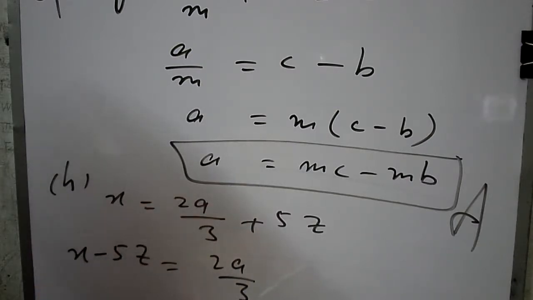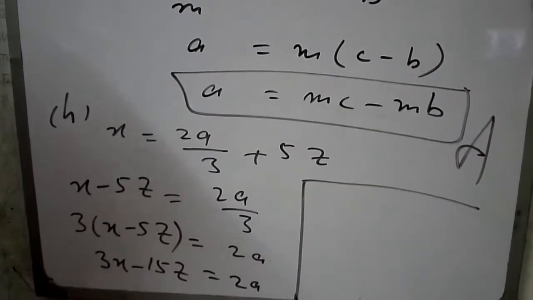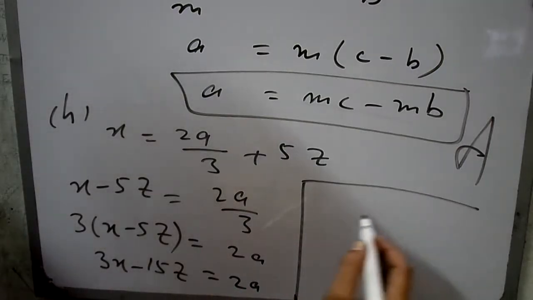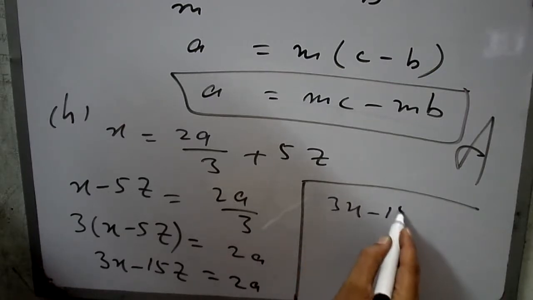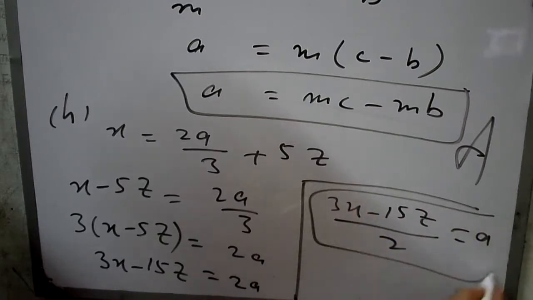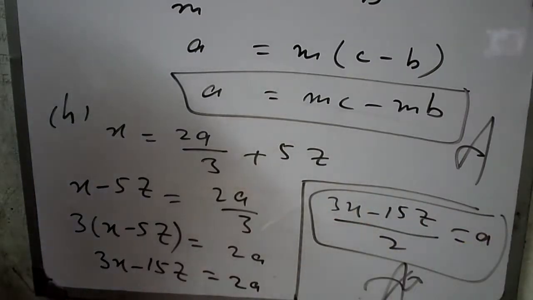By using cross multiplication, you will get 3 into x minus 5z equals 2A, so multiply it, so you will get 3x minus 15z. But you have to find the value of A only. Here is 2A, so you can say that 3x minus 15z divided by 2 is equal to A. So here A as a subject.